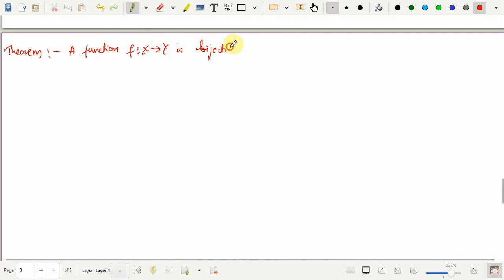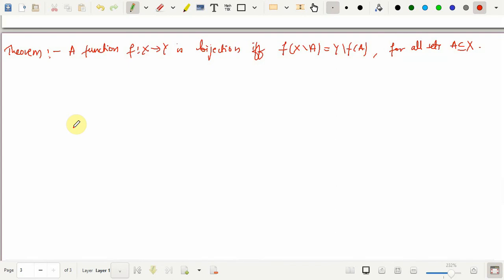This can be considered as one definition of a bijection, because it's an if and only if statement. If and only if f of X difference A is the same as Y difference f of A for any subset A of X. The proof is a combination of the previous two proofs.